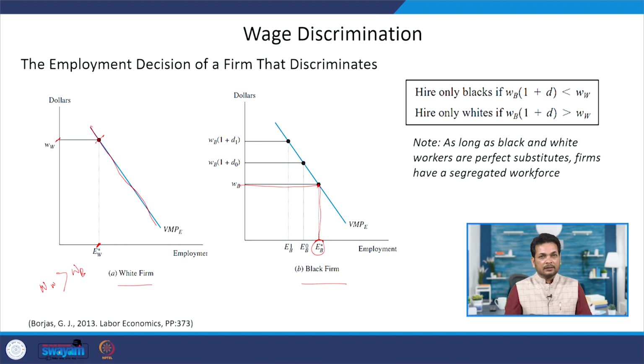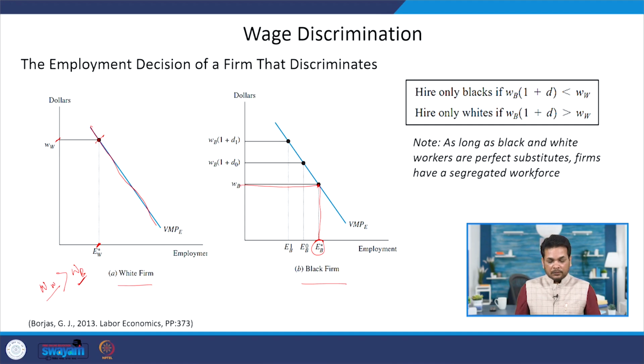But it is a white firm, so it is going to hire all white workers. So, the firm is going to have a higher cost because the wage rate for white workers is much higher than that of black workers, and it is going to employ fewer white workers. So, discrimination leads to an inefficient allocation and inefficiency in the market, and it is also going to have an impact on profit, which we will discuss.